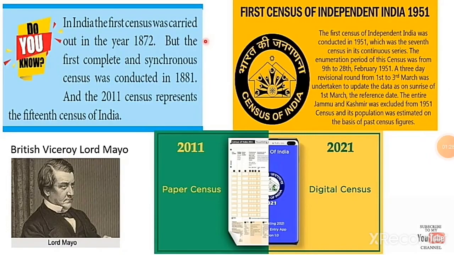In India, the first census was carried out in the year 1872, but the first complete and synchronous census was conducted in 1881, and the 2011 census represents the 15th census of India. In 2011, the census was taken on paper, but in 2021, it may be a digital census.